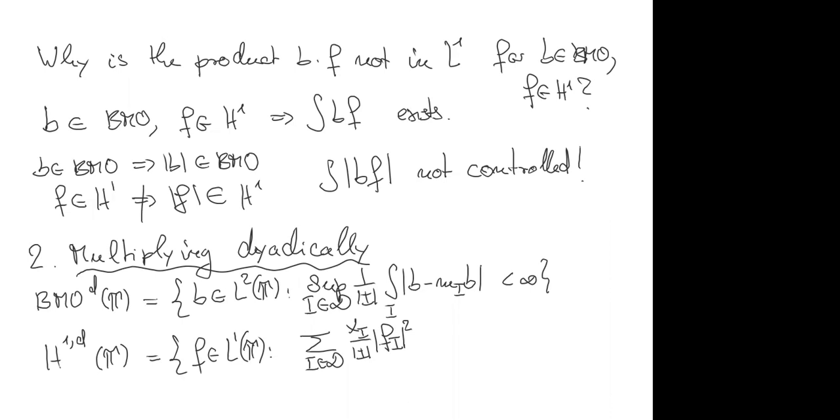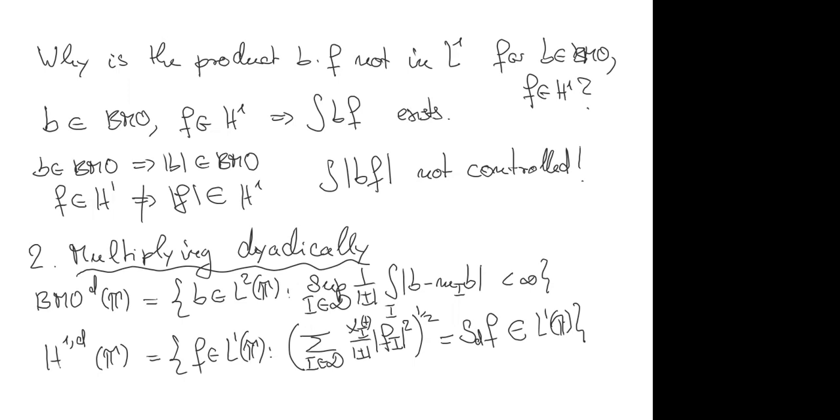I use these to make the square function, the dyadic square function of f. And this should also be in L1. So everything is analogous to the continuous theory, only I have this dyadic square function instead of the conjugate function.